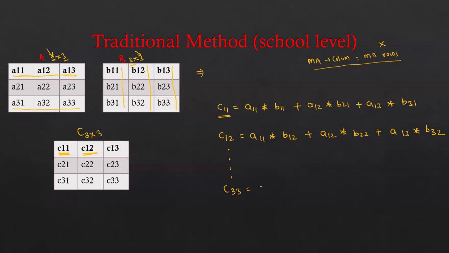So A31 is multiplying with B13 plus A32 is multiplying with B23 plus A33, which is multiplying with B33. Like this you need to evaluate these equations and you will get the C value.